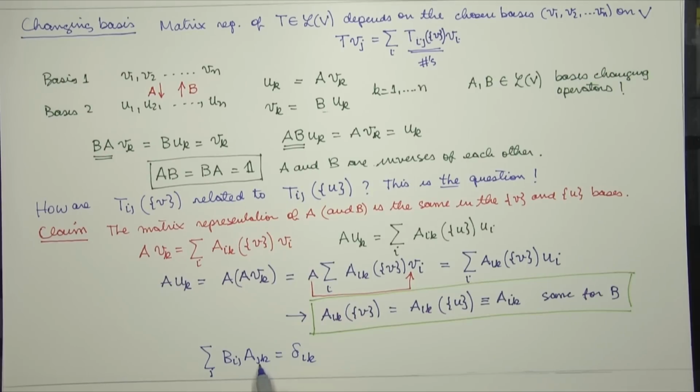That's the matrix product, and saying that they're inverses of each other, they multiply into the unit matrix, or a Kronecker delta. And we don't need to say again whether we use the U or V basis. Both B and A are basis independent among these two choices. And similarly, that's equal to A times B, so A_ij B_jk. They're matrix inverses of each other.